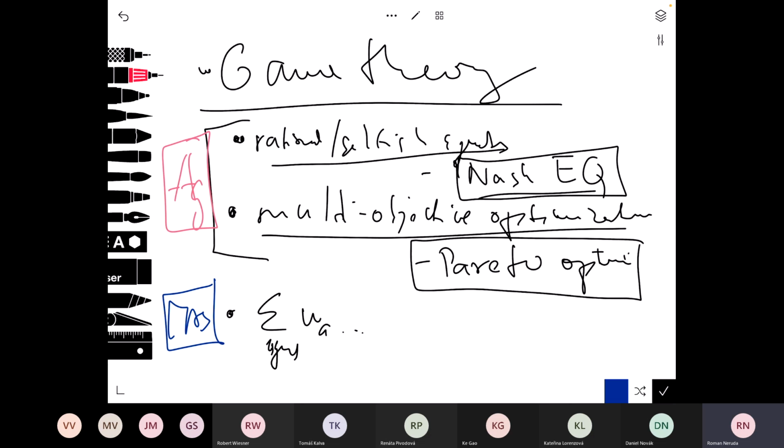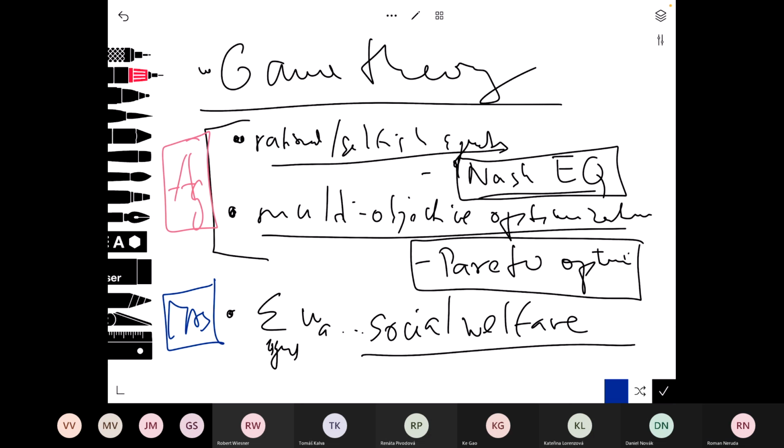How does the system perform as a whole? The sum of utilities of agents is sometimes called social welfare.